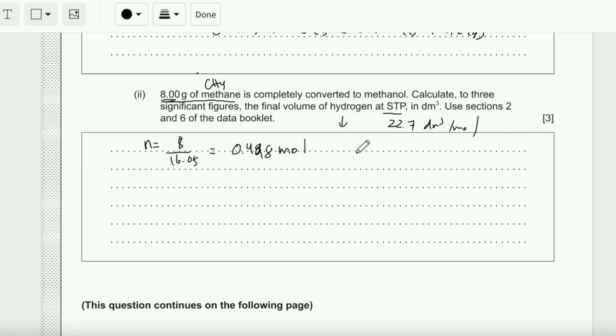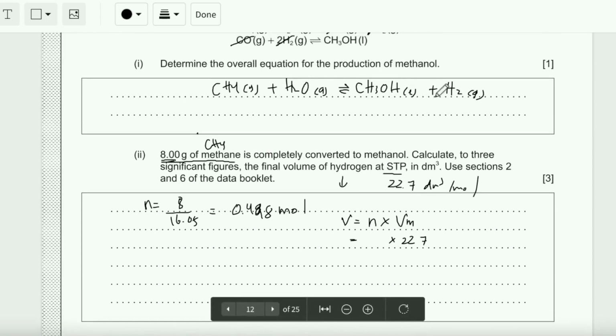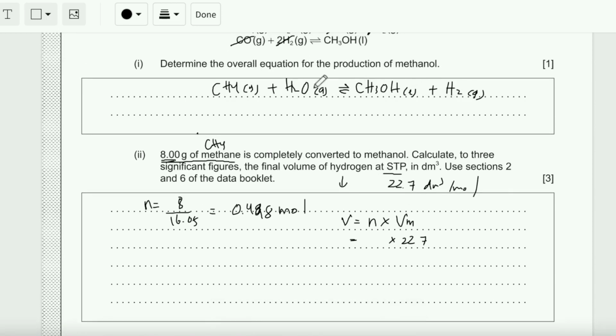And to calculate volume, n times Vm, we know this is 22.7. But for the moles of hydrogen, if we look at this equation, the coefficients of hydrogen and methane are the same. Therefore, the moles should also be the same, 0.498, which is 11.3 decimeter cube.